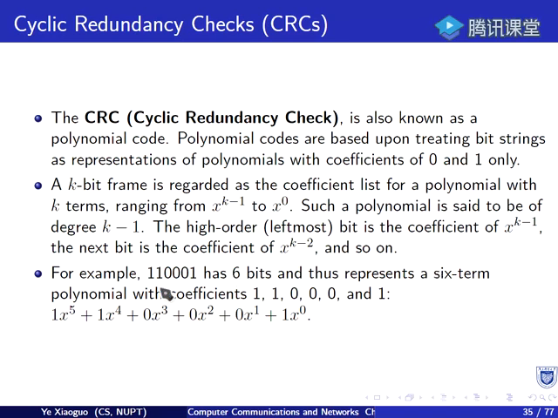For example, if we have this bit stream 110001, it has 6 bits and thus represents a 6-term polynomial with coefficients 1, 1, 0, 0, 0, and 1.